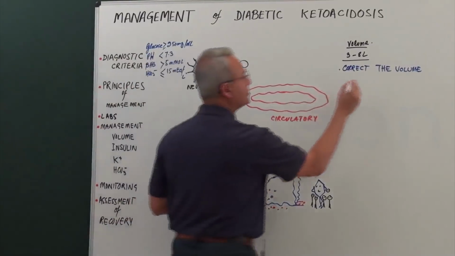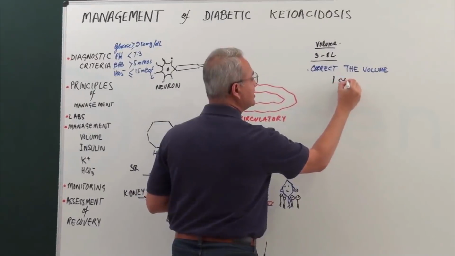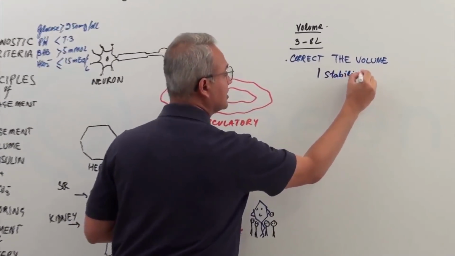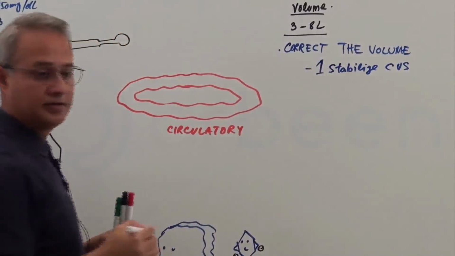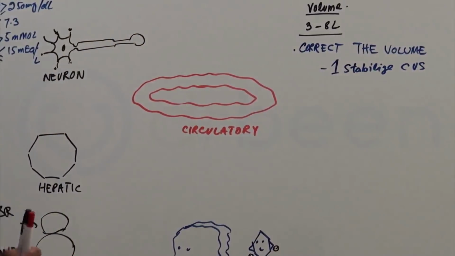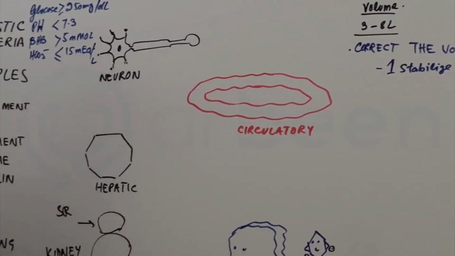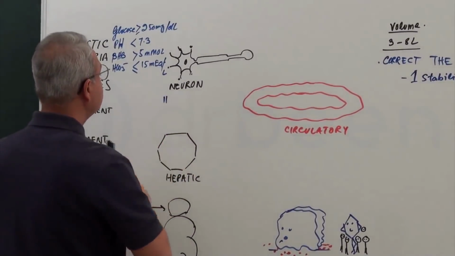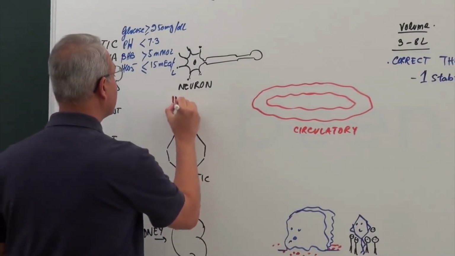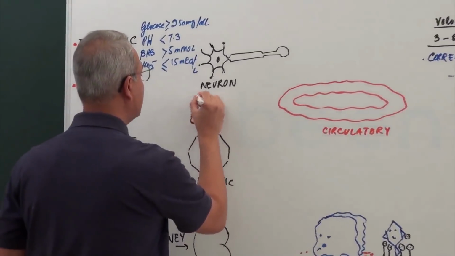Number one, stabilize CVS. That is the first thing. Right? So the heart, I did not make a heart here, so let's make a heart. So let's say this is a heart.